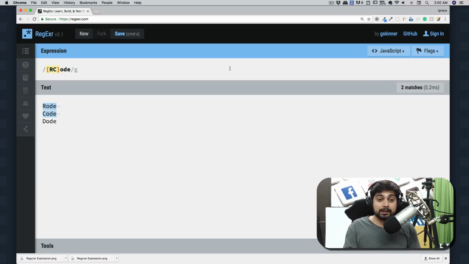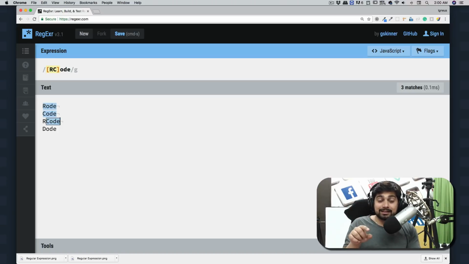It's very important here. What does this character set simply mean? If I just say RCODE, notice it's not matching the entire word RCODE. It says I'm going to choose only one character out of that bracket. It can be either R or it can be C. Very important concept here.